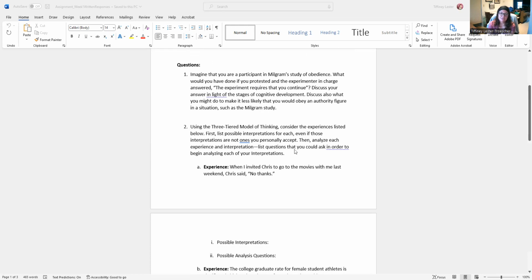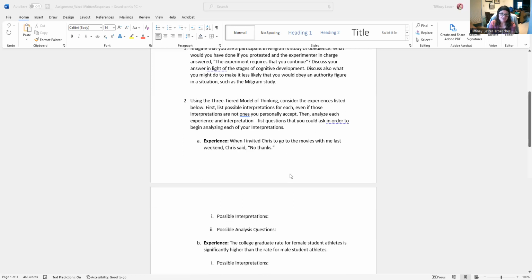Second one, using the 3-tiered model of thinking, consider the experiences listed below. First, list possible interpretations for each, even if those interpretations are not ones that you would personally hold. Then analyze each experience and interpretation. So list questions that you could ask in order to begin analyzing each of your interpretations.